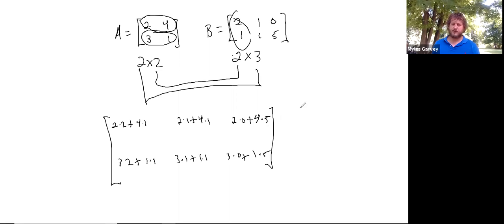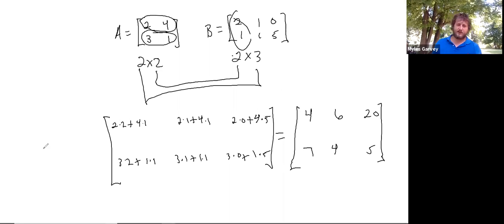And when we do the arithmetic on all those individually, 4 plus 4 is 8. 2 plus 4 is 6. 0 plus 20 is 20. 6 plus 1 is 7. 3 plus 1 is 4. 0 plus 5 is 5. And that is A and B.